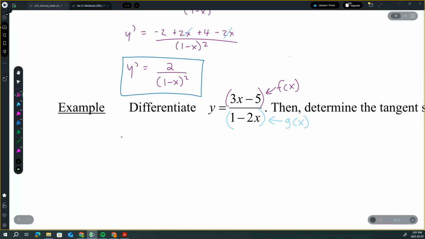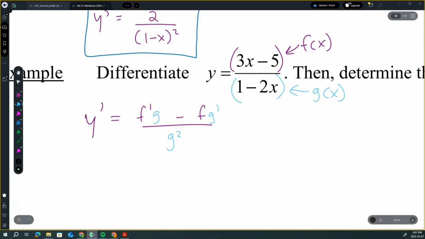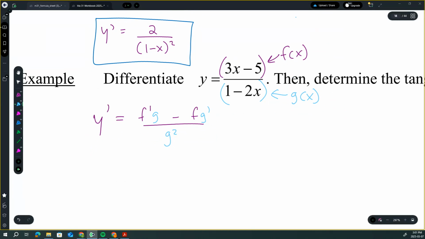All right. So again, I'm just writing out the formula just so it's easy to see what I'm doing. You do not have to write the formula every single time on a quiz or an exam. It might be helpful. You can do it if you want, but if you just want to go straight into your derivative, that's fine too. Derivative of 3x minus 5, that's just going to be 3.